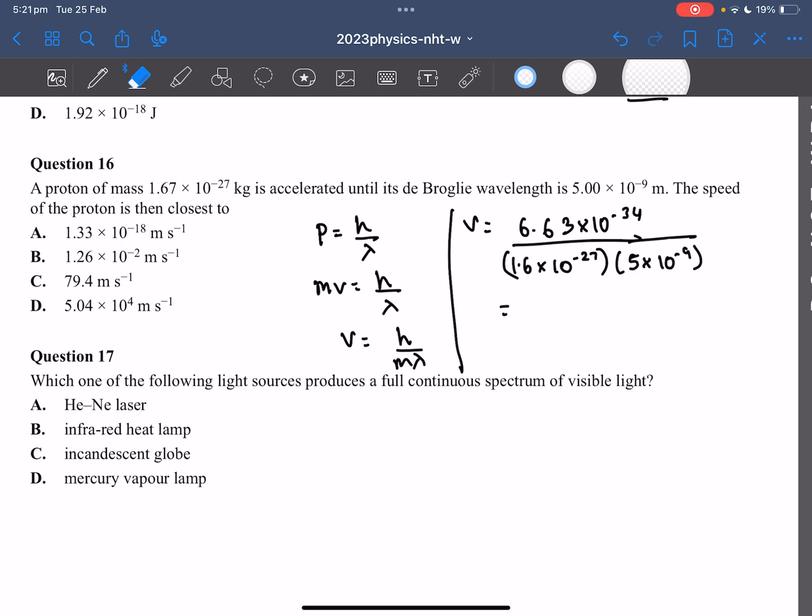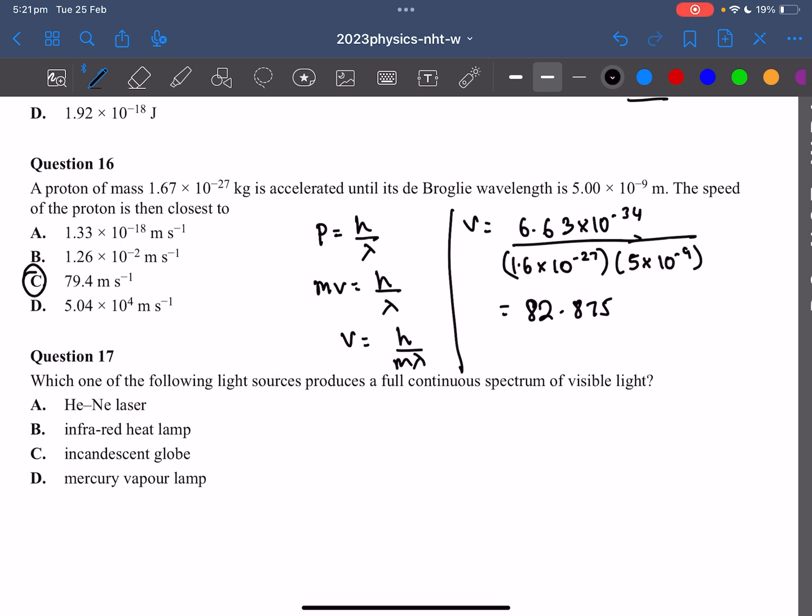I get 82.875. Let me have a look if I typed everything correctly. Yeah, okay. I guess option C is going to be our answer for this question.